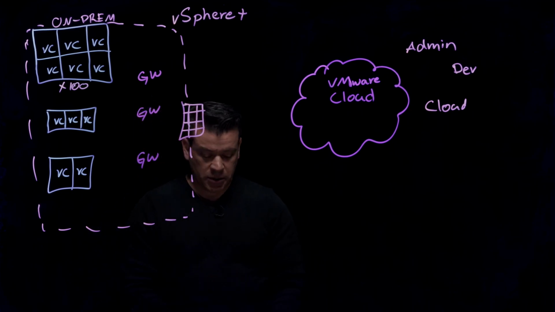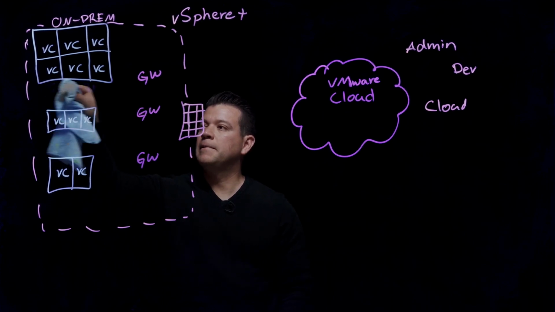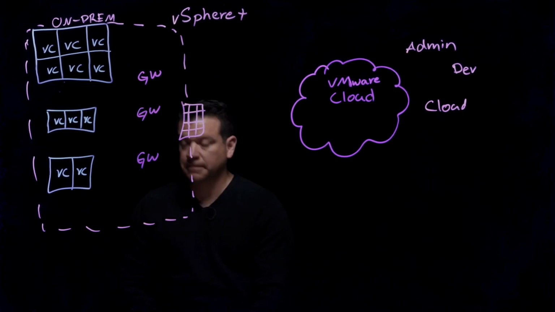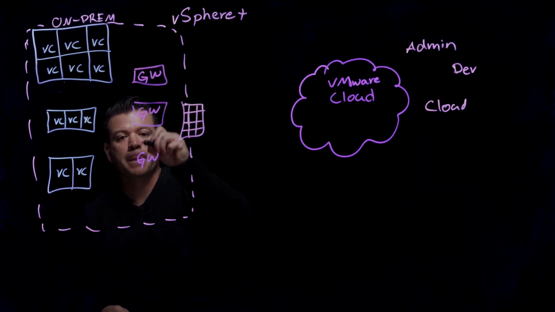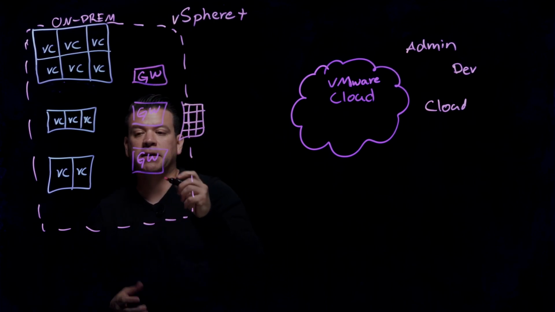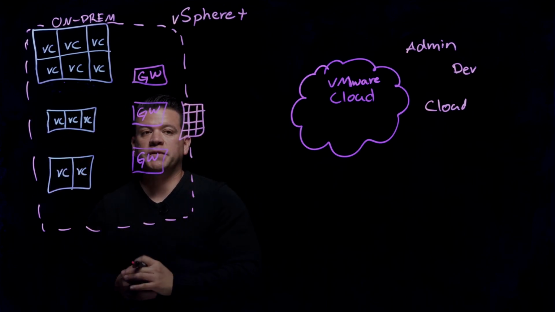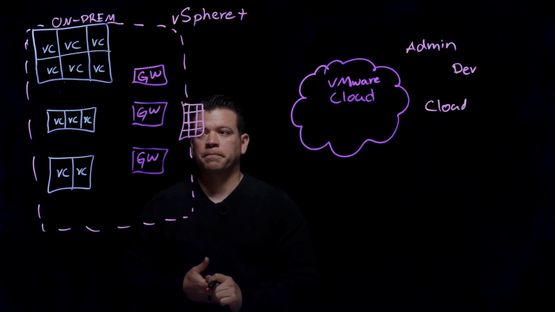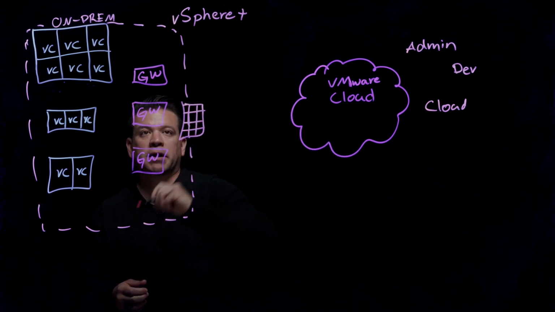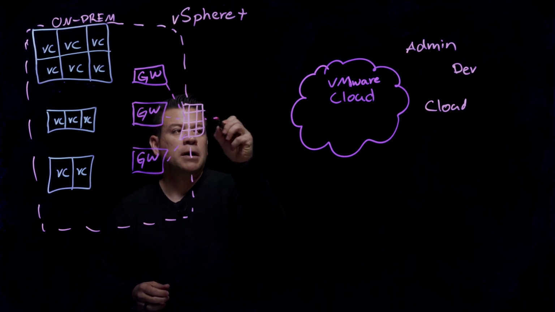To make it simpler here, we're going to remove this and just have 6. So now we have a gateway appliance deployed on each site. And that gateway appliance is going to communicate internally on-prem to those vCenter servers and communicate out through the firewall to the cloud.